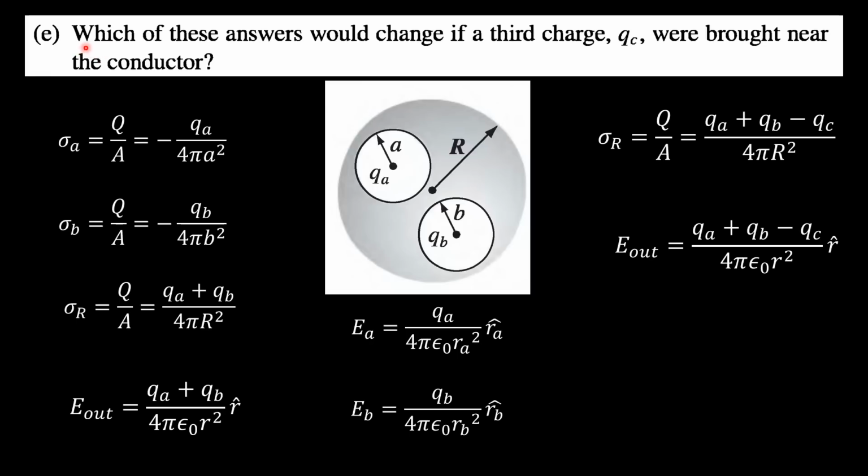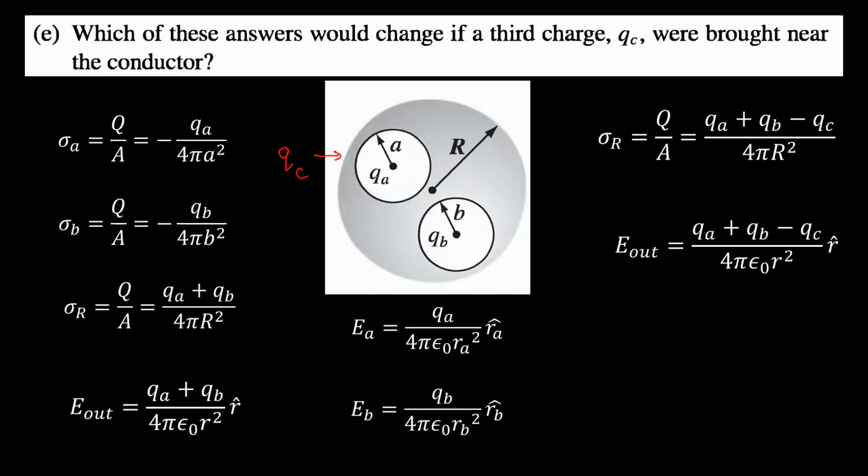The next interesting question is: which of these answers would change if a third charge Qc were brought near the conductor? Let us say we have a charge Qc that we are bringing near the conductor. What results will be affected? We will see one by one.